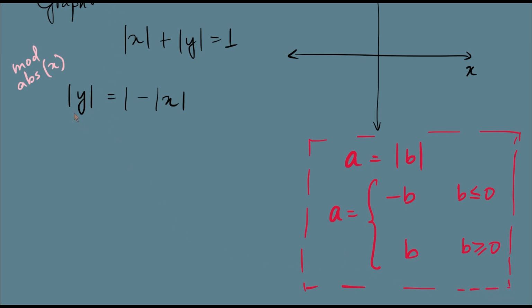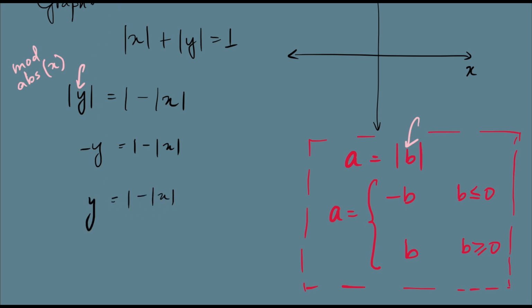I'd like to rewrite mod y is equal to 1 minus mod x in a split version of the absolute value sign. So let me talk about this mod y, very similar to the case of b. So mod y I can compare with mod b, and I can rewrite the equation as either 1 minus mod x is equal to negative y, or 1 minus mod x is equal to positive y.